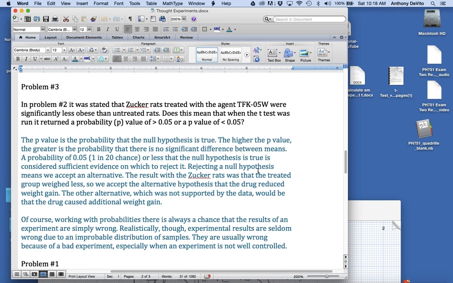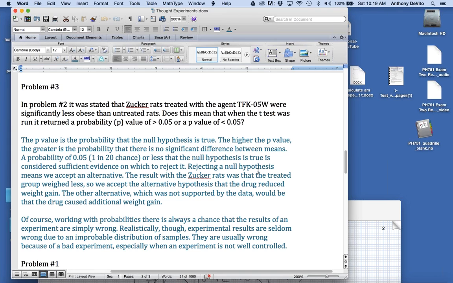Okay, so how do we determine that? Well, we determine that by calculating a t-score or a z-score. That t-score or z-score represents the probability that we would get that outcome if there were no differences between the two means. We normally call that a p-value.